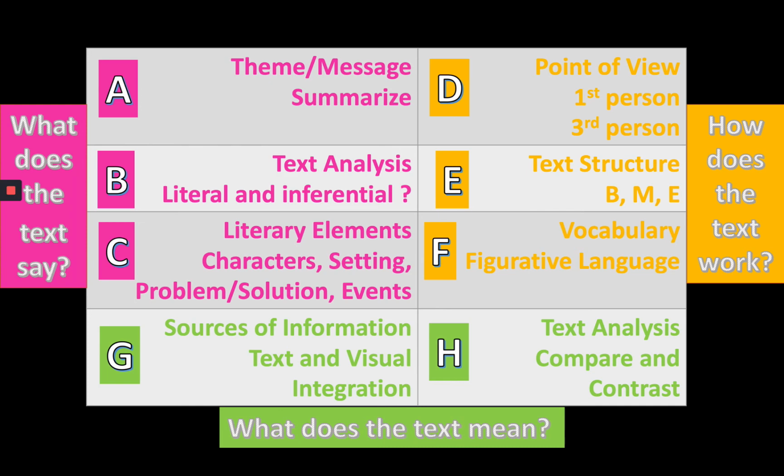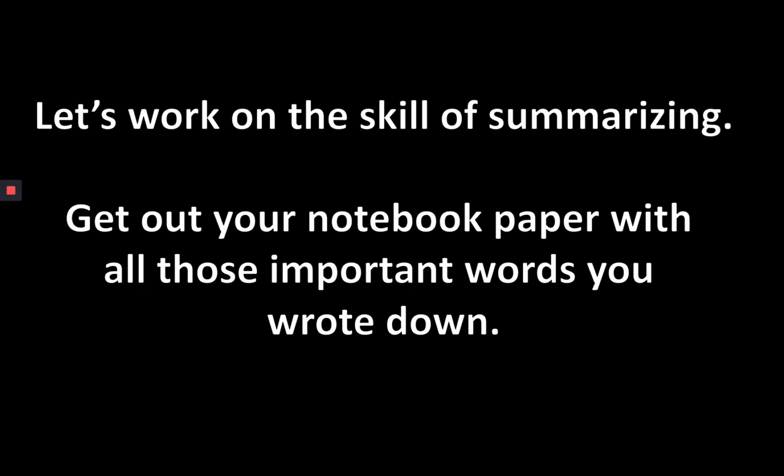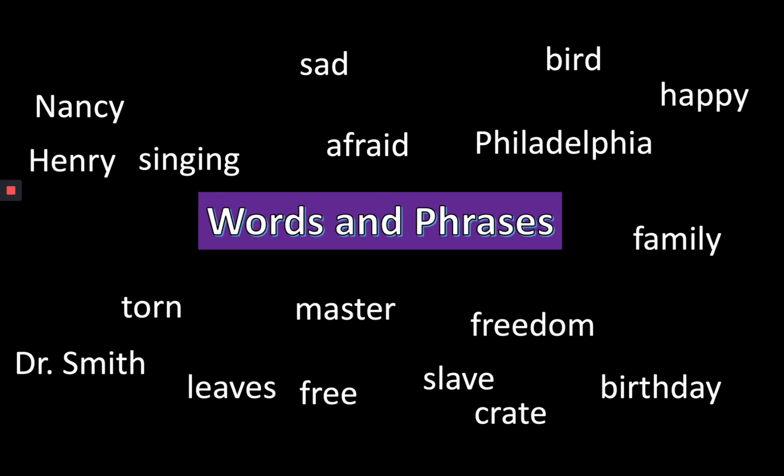So let's talk about some skills. Now let's work on the skill of summarizing. Get out your notebook paper with all of those important words that you wrote down. And here are some of my words.